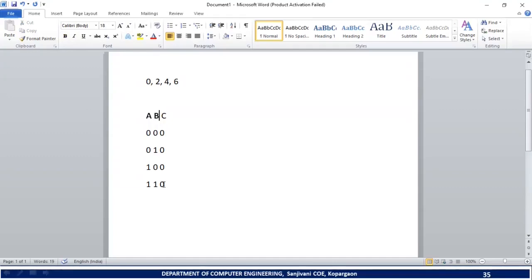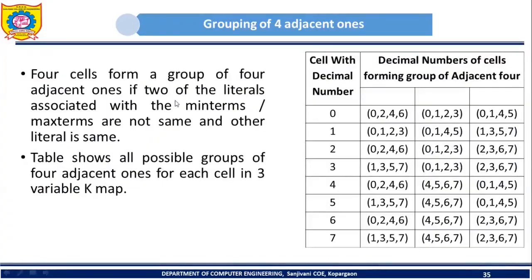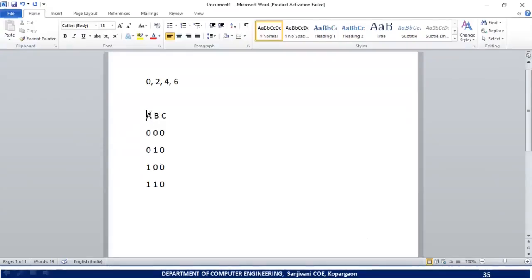What about C? C is the same, right? So this condition is satisfied: two of the literals associated with that group are not the same and the other literal is the same. So that's why we can make a group of these 4 cells.